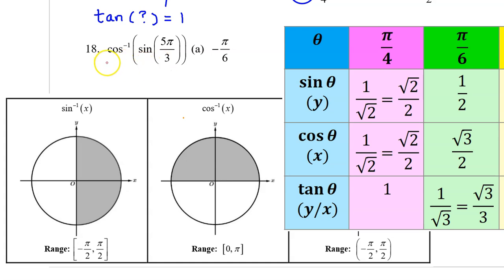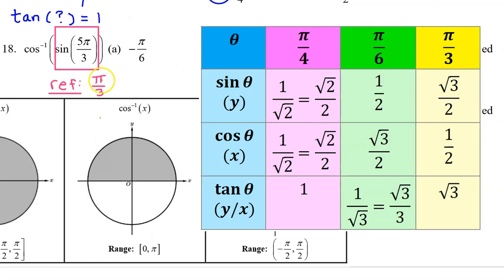To evaluate a composite function, or a function inside of a function, work from the inside out. First, we will evaluate the sine of 5 pi over 3, which has a reference angle of pi over 3. Since the sine of pi over 3 is radical 3 over 2, the sine of 5 pi over 3 will either equal positive radical 3 over 2 or negative radical 3 over 2, depending on the quadrant.